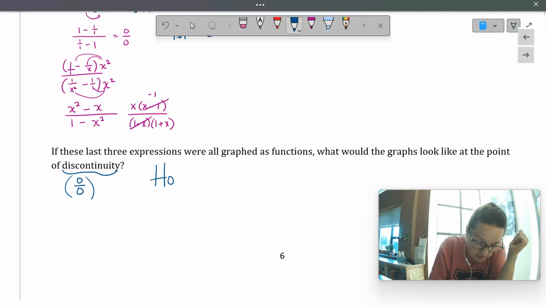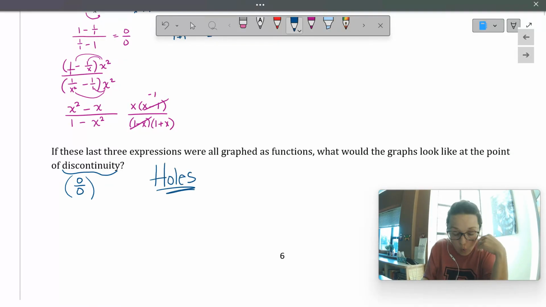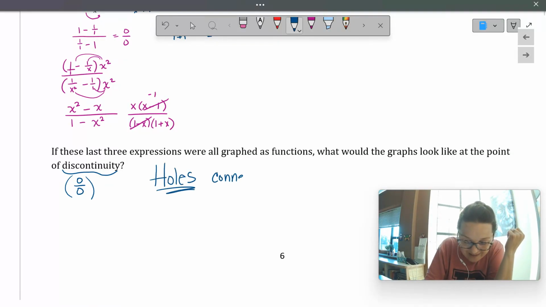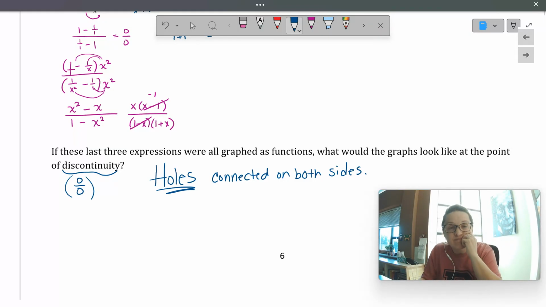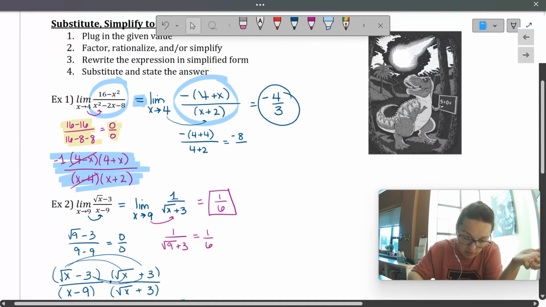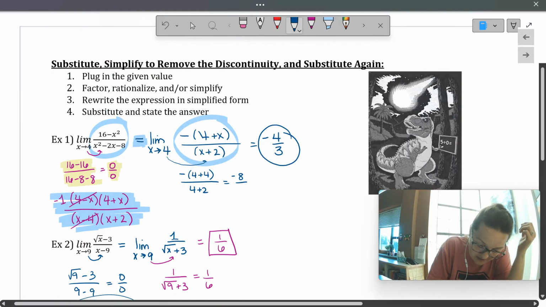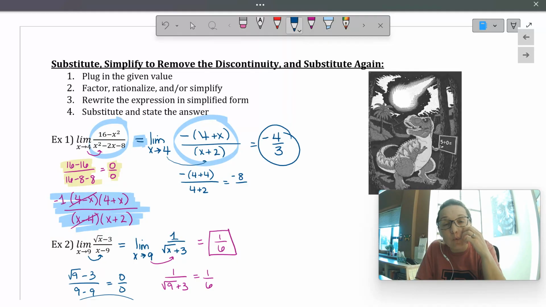And the answer is they would be holes that are connected on both sides. So if I graphed these, I would say as x approaches 4 up here, the y value would go to -4/3, but it would have an open circle there.